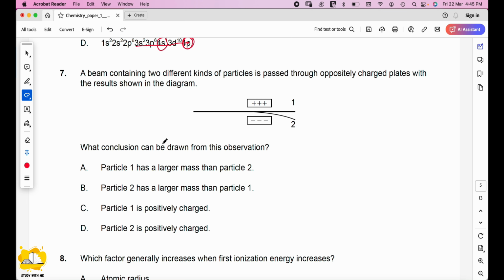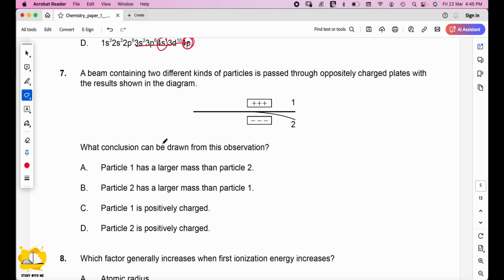Through this diagram, A and B cannot be concluded from the observation, as it doesn't provide any information about the relative mass of particles. So A and B cannot be the answer. Now we just have a choice, C and D.